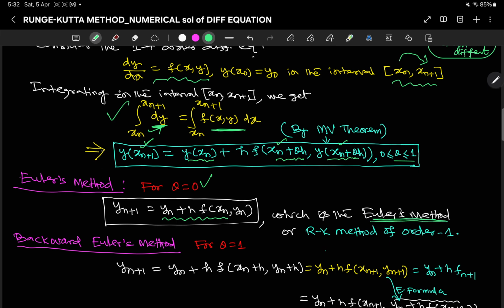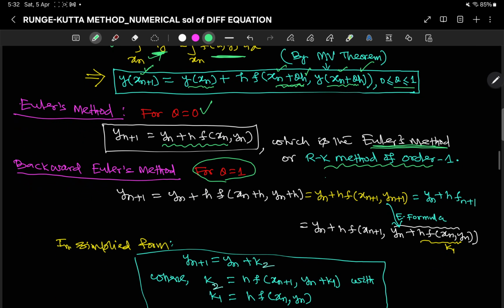Or as we have pointed out, it is the RK method of order 1, as it coincides with the Taylor series up to the term in the power of h to the power 1. Now if you put theta equal to 1 here, then it is xn plus h and y of xn plus h, meaning xn is incremented by h, so it becomes xn plus 1.